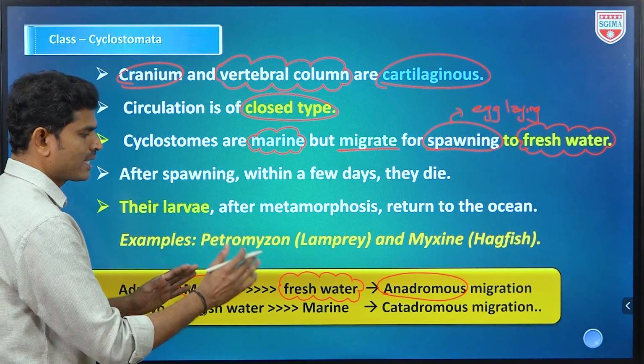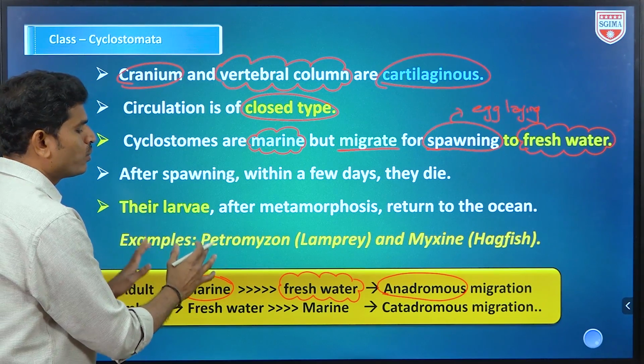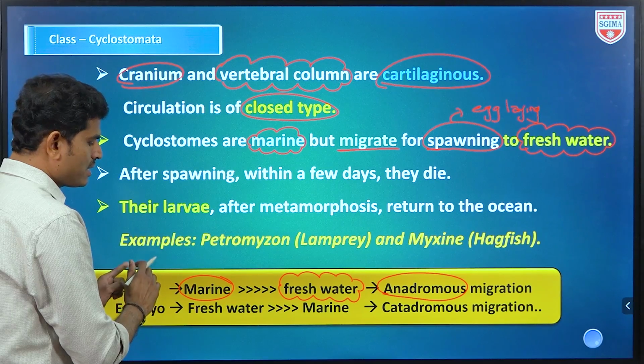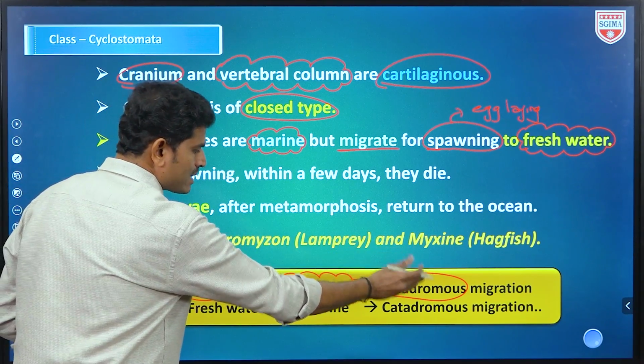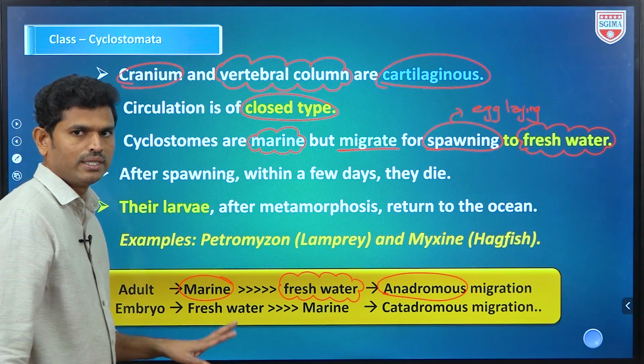Be careful, you may get a little confused here. This is about adult organisms migrating from marine to fresh water. This is called anadromous migration. Is it clear? Okay.